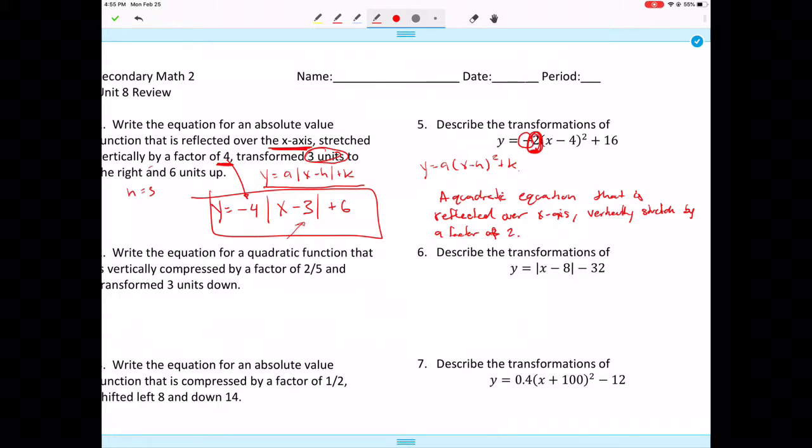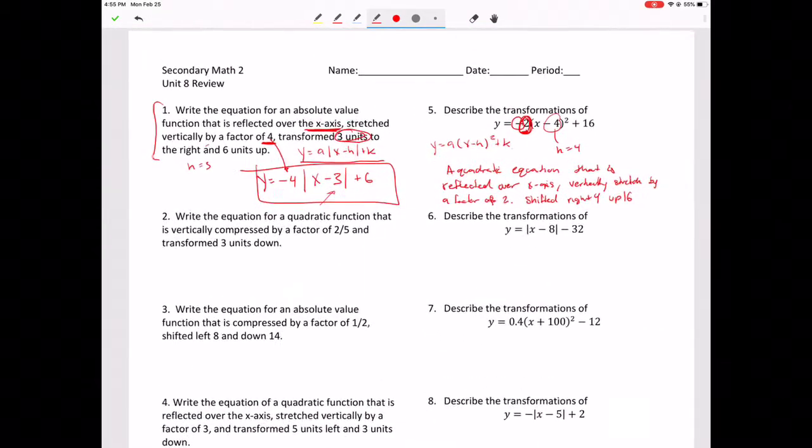And then finally it is shifted, or you could say transformed, right 4. Whenever you take something out, it will switch its sign, so h here is 4. Shifted right 4 and up 6. Okay? All right, so if you have any other questions, let me know.